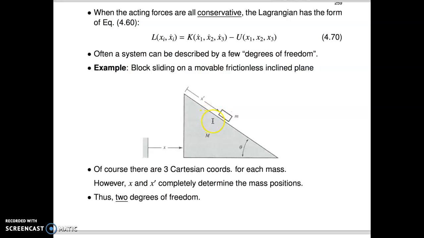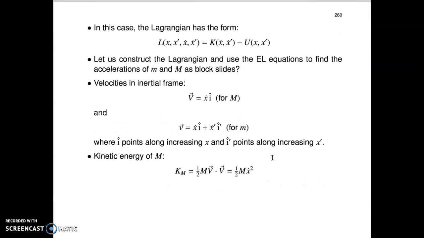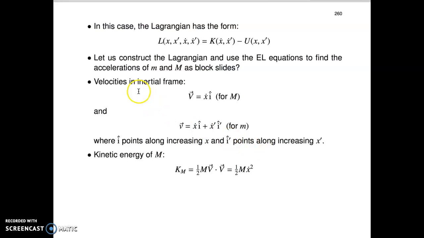If we see this mass moving down and big mass moving to the left, we're in an inertial frame of reference, and that's the frame of reference that we are considering here. So the velocity of big M just has the one component, x dot, the x component of the velocity, multiplied by i.